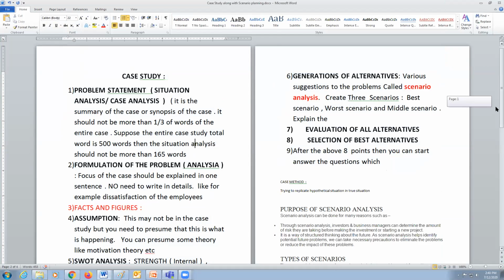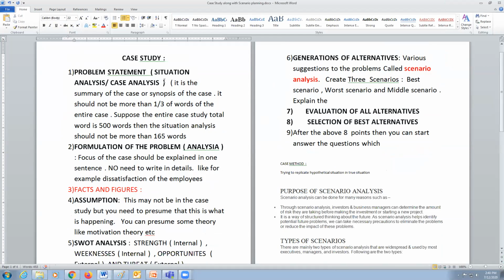Okay. Now, case study, you can see total 8 steps. When you write in the exam, you must write the problem statement. That means situation analysis, case analysis.